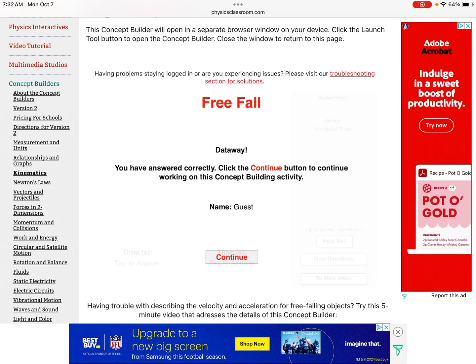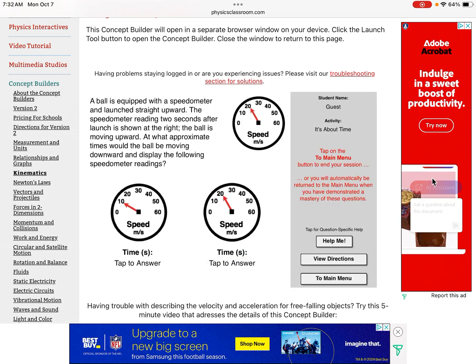Now, occasionally they are going to give you a question, and for these last two speedometers at the bottom that you use to answer the question, they are not going to tell you if the ball is moving upward or downward.